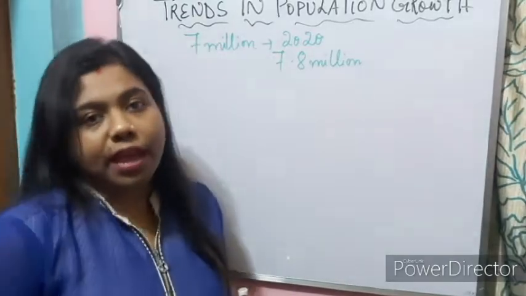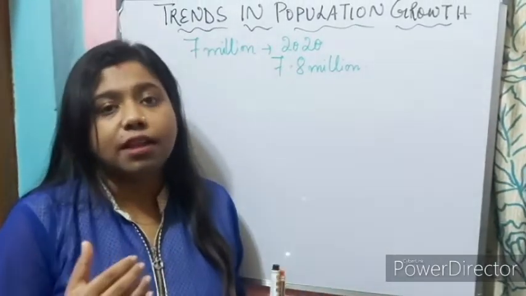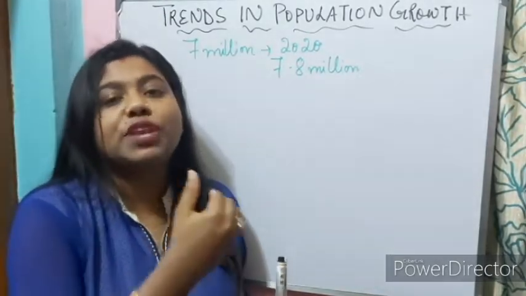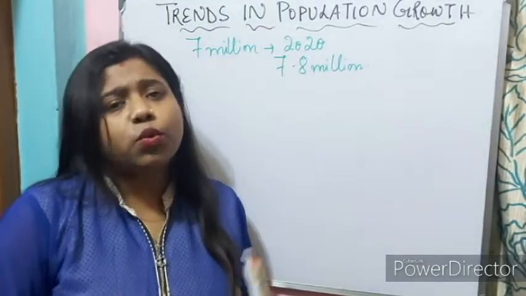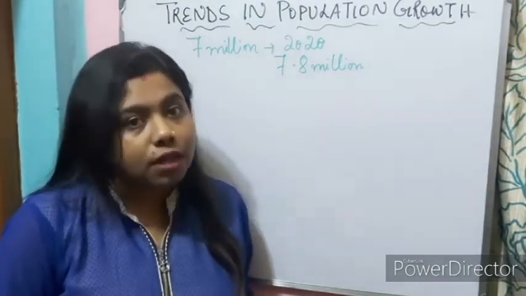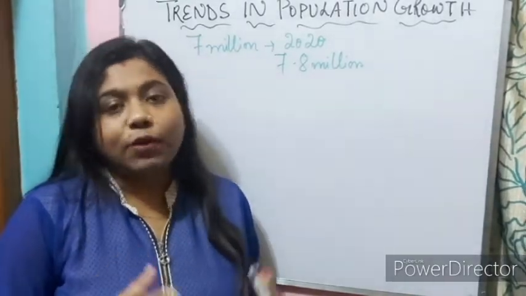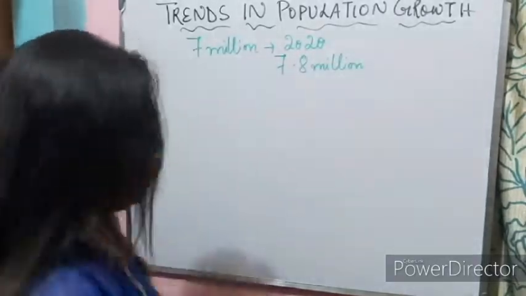In the early period, when civilization started, the population was increasing very slowly. It is only during the last few hundred years that the population started expanding rapidly. Now let us understand this trend in population with the help of a diagram.